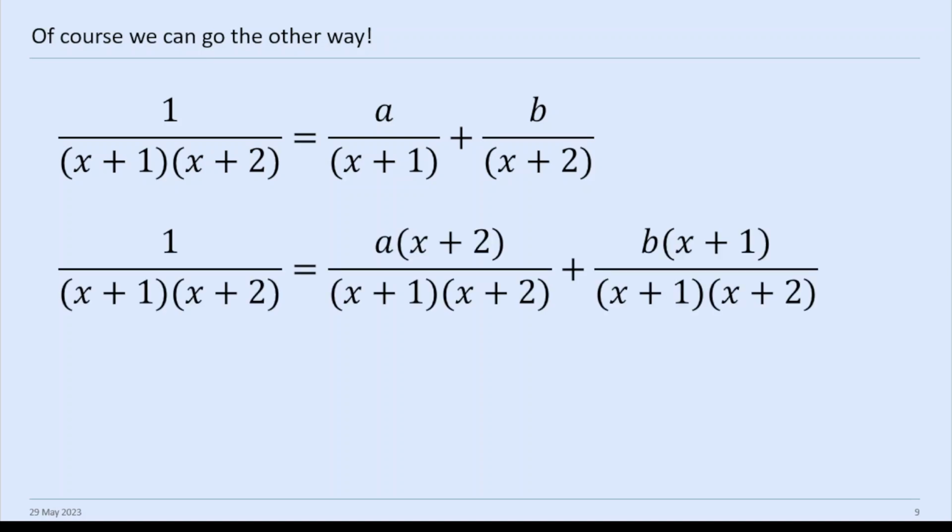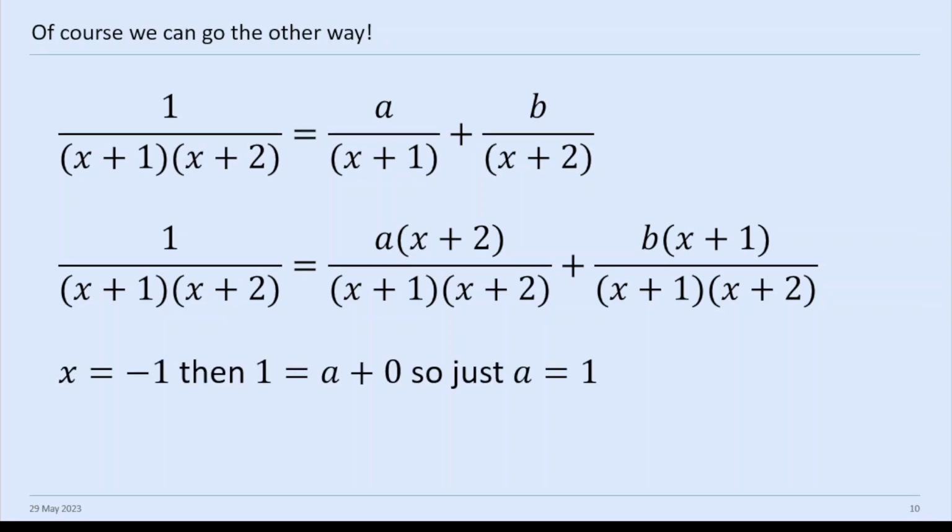And this is the alternative method that Andy reminded me of, which is that if we put them all over a common denominator, (x plus 1)(x plus 2), we're then going to equalize the numerators. On the left we've got 1, and on the right we've got a(x plus 2) plus b(x plus 1). And all we do then is substitute in x equals minus 1, which basically makes the right-hand term equal to 0.